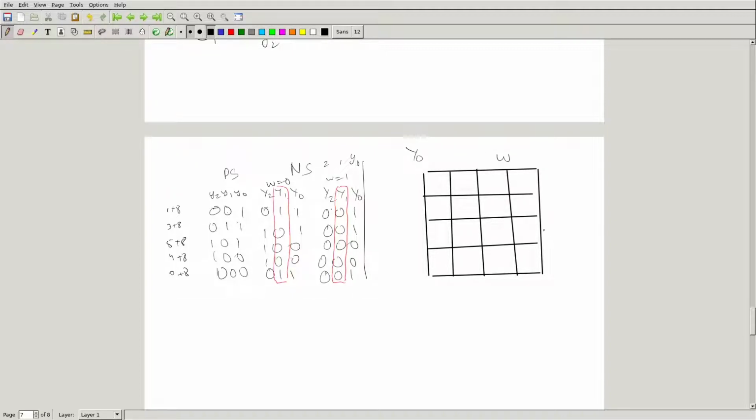We have W, y2, y1, y0. So we fill this up using minterm labeling.